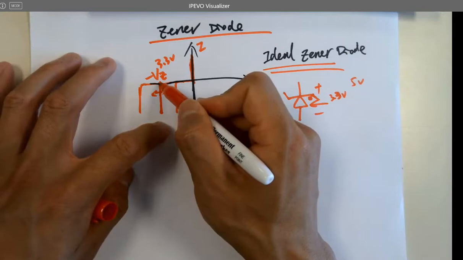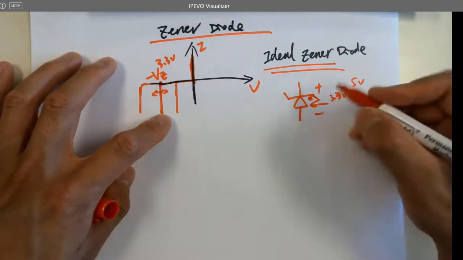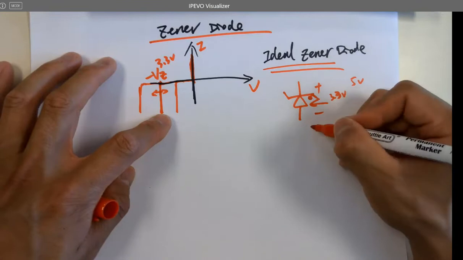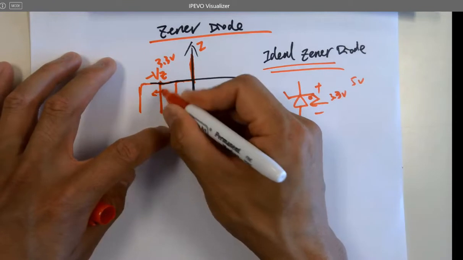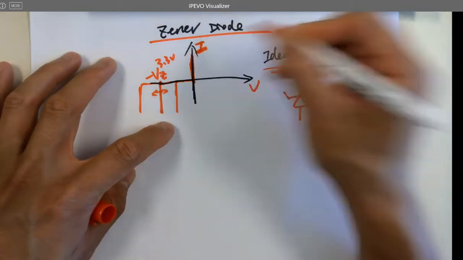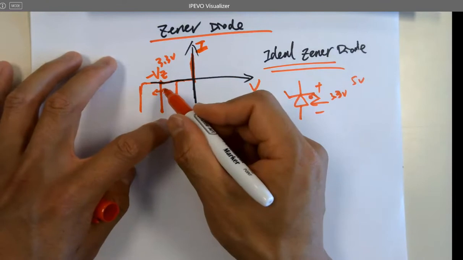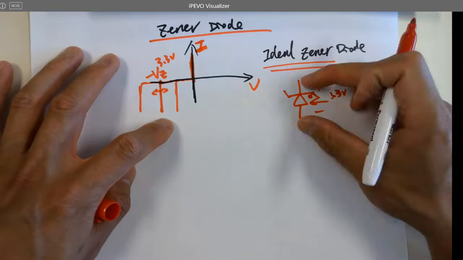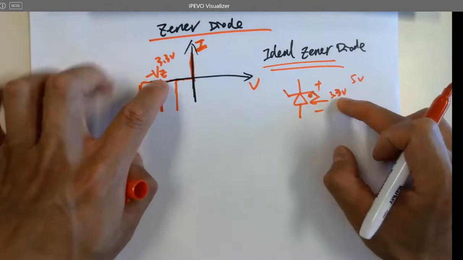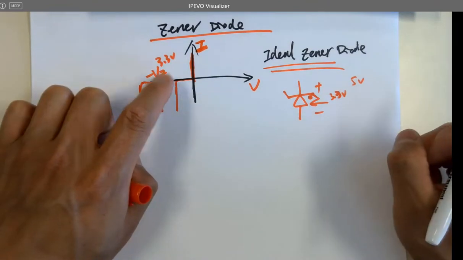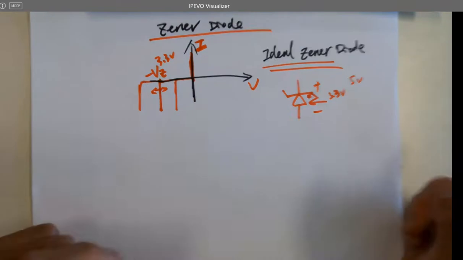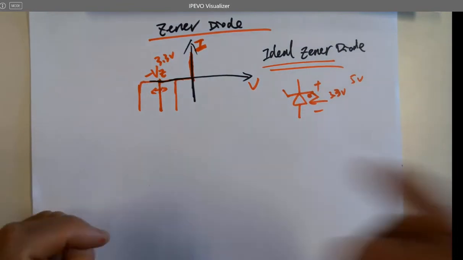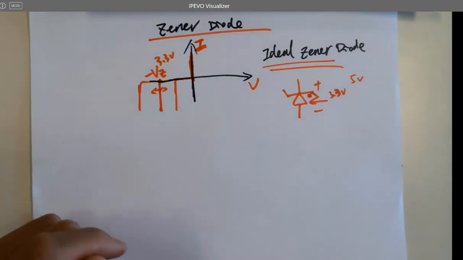So VZ is not changing, which means the reverse voltage is not going to change. However, what is changing here? Current. What this one does is it's going to flow a lot of current in order to drop the voltage down to VZ, which is built into the Zener diode. So it is able to stabilize the voltage to protect the circuit.